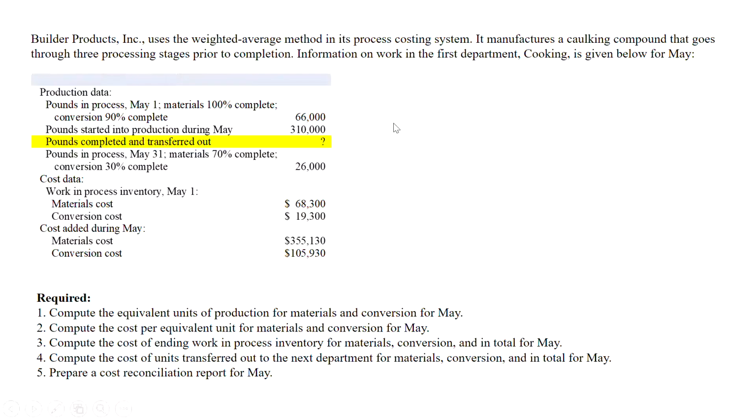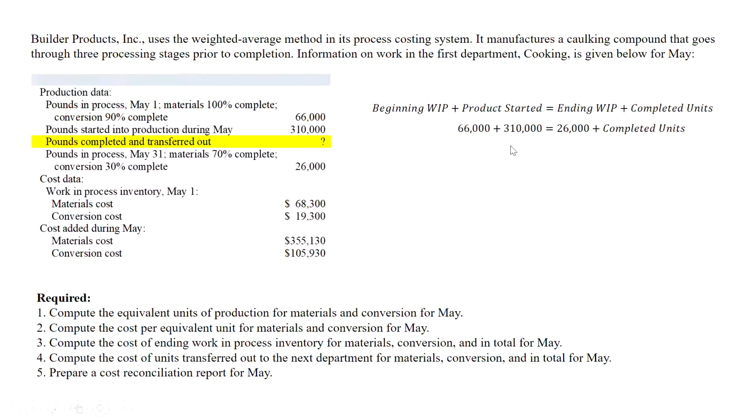So let's think about the relationship between these four numbers. Beginning work in process inventory plus the product that we start or add in has to be equal to the combination of ending work in process inventory plus completed units. And logically, it makes sense. What we start with that's incomplete plus what we add in new, what would be available basically, is either going to still be in inventory and incomplete as part of ending work in process inventory or going to be finished as far as this department and moved on to the next step.